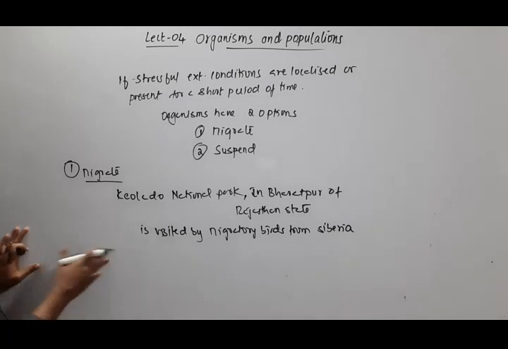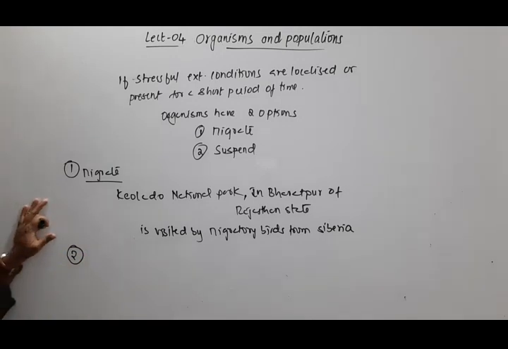This is just an example which I have mentioned here. Many animals will also move away in very hot conditions, not only in cool conditions; moving from cooler to warmer, and from hotter to warmer conditions can take place. And the second one, we'll see about suspend.